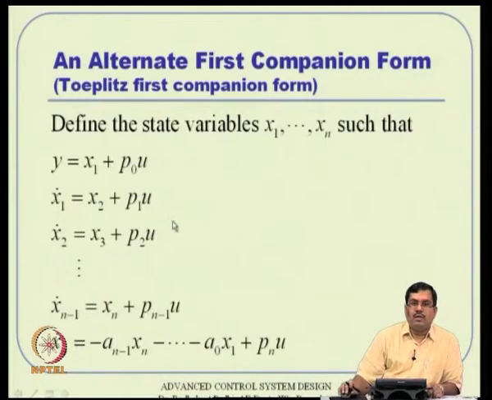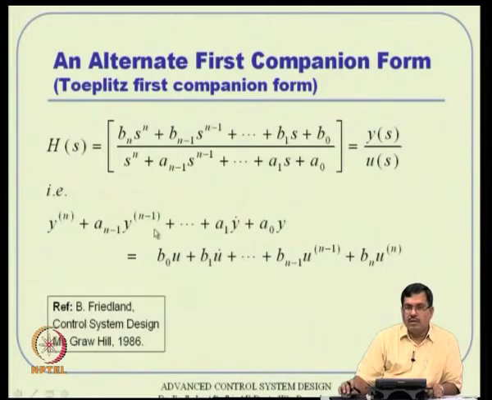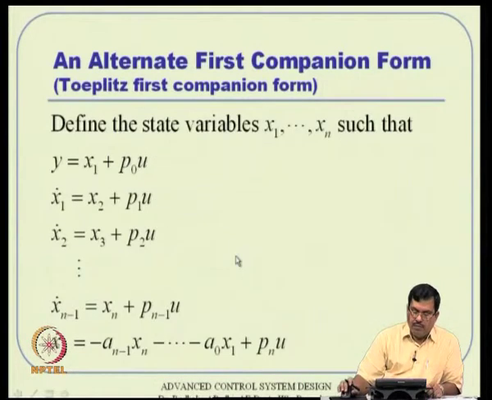Anyway, once we write this differential equation form for the output and input relationship, let us define the state variables x1 to xn in such a way. How do we define them? Let us say the output we will define as x1 plus p0 u. This is simply a bunch of definitions. And we write x1 dot is x2 plus p1 u, and x2 dot is x3 plus p2 u, like that.